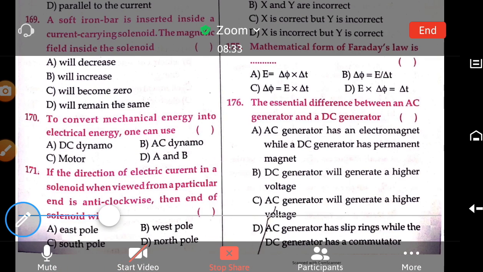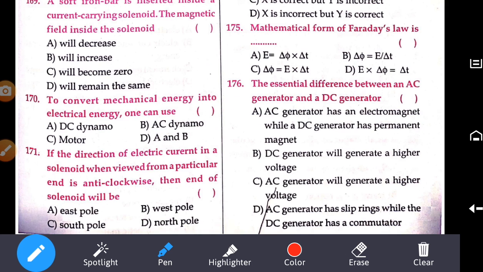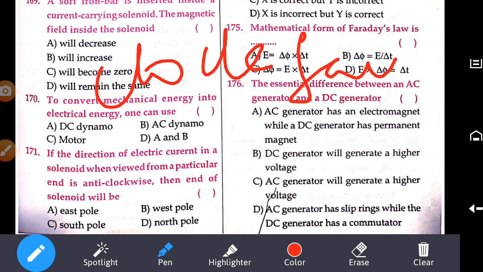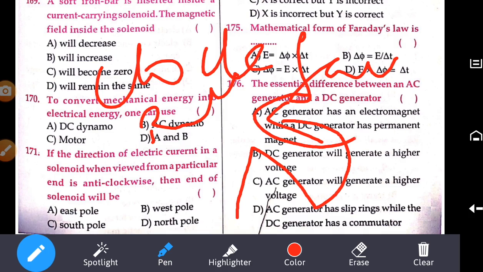Let's see the 171st question. If the direction of the electric current in a solenoid, when viewed from a particular end, is anti-clockwise, there is a rule called the clock face rule. According to it, if you draw an arrow like this, this is the direction of current.